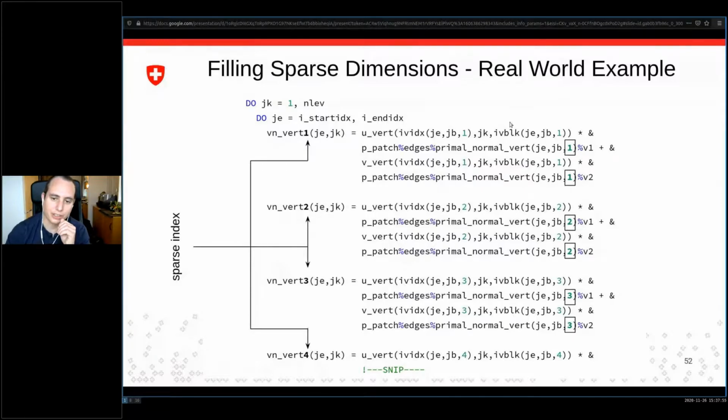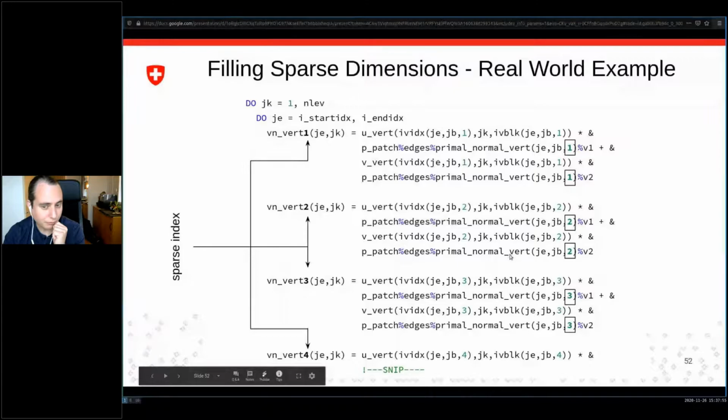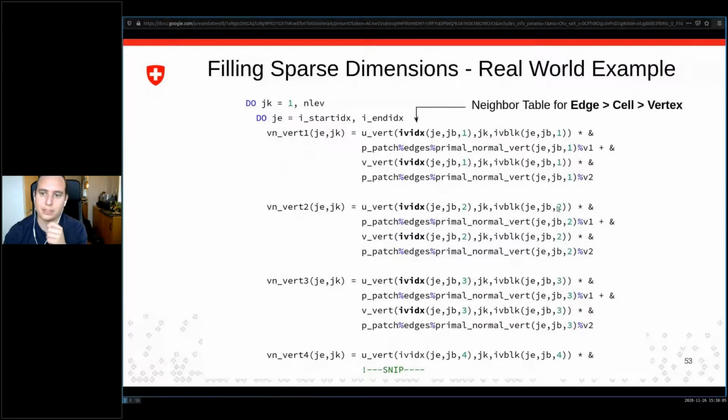On the right-hand side, you can see actual sparse dimensions in Icon with the sparse index last. And here we have the neighbor table, which you might know from the last exercise, which goes from edges to cells and then to vertices to yield 4 neighbors. The 4 is right at the bottom, and then it's snipped off because of space on the slides.